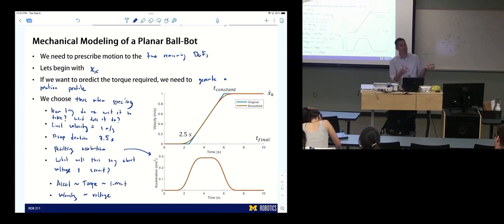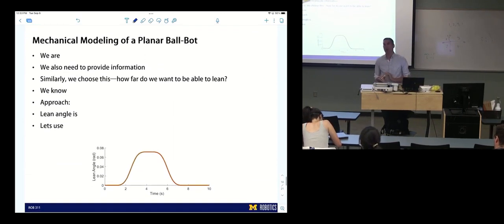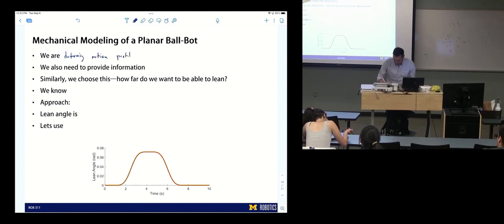Okay, so we created a motion profile that's based on our task. What about our other degree of freedom? We're determining motion profiles to understand actuator demands.